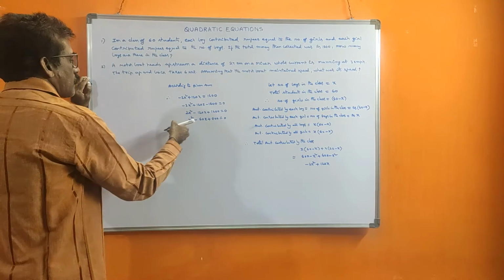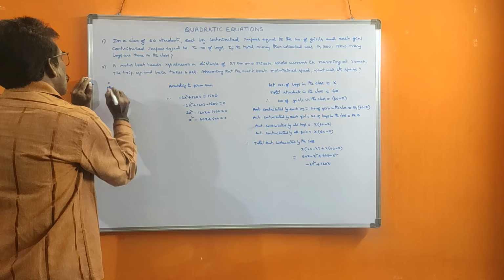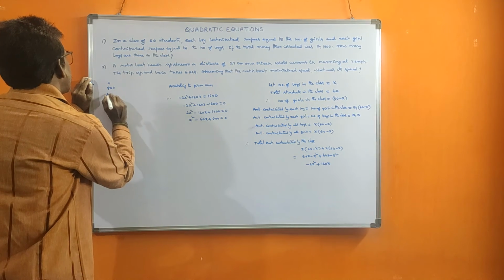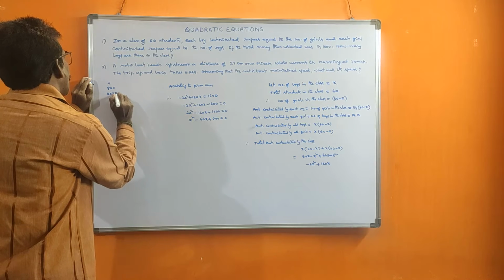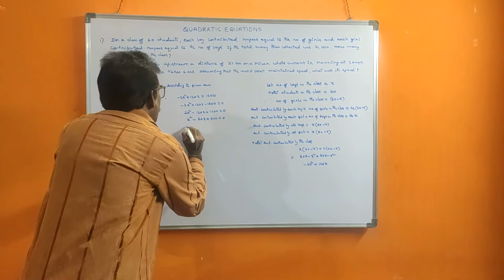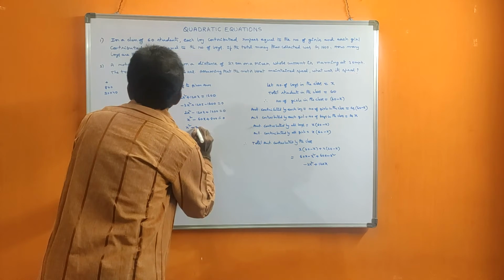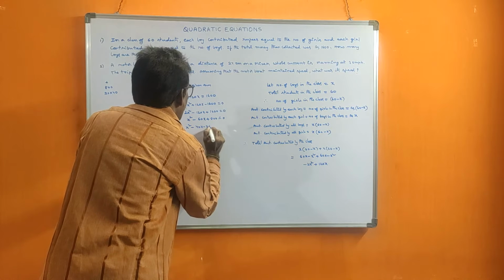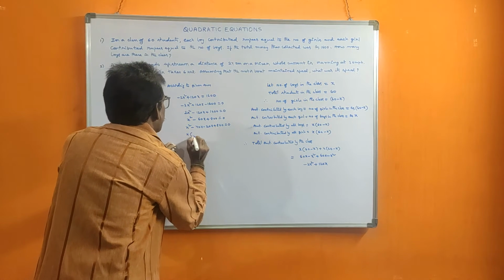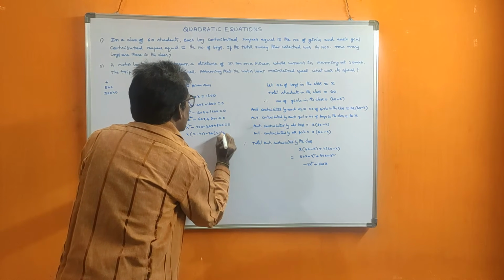Now we can solve by the factorization method. 1 into 800 is 800, plus into plus is plus only, and by adding we should get 60. So split into 20 and 40: 20 into 40 is 800, and 20 plus 40 is 60. Both are minus. So minus 40x minus 20x plus 800 is equal to 0. x common, x minus 40; 20 common, x minus 40.